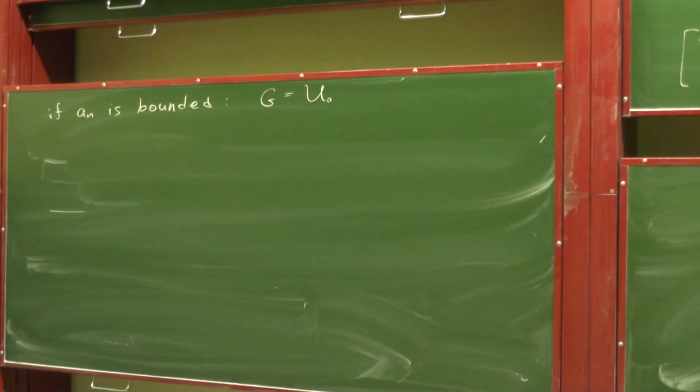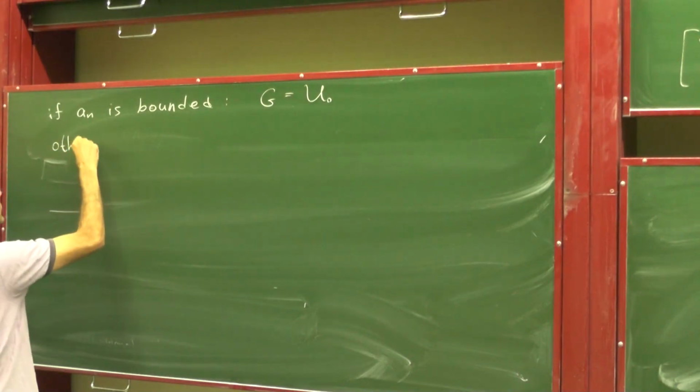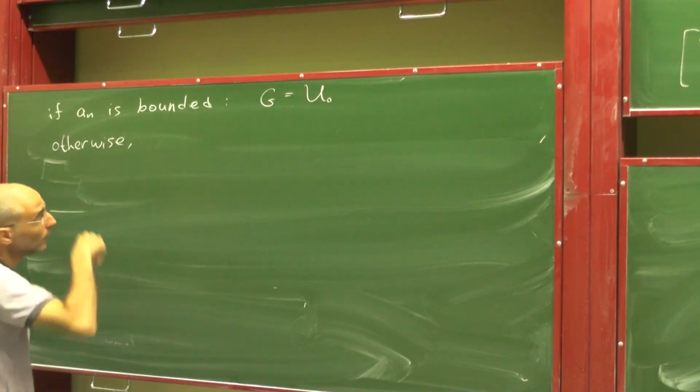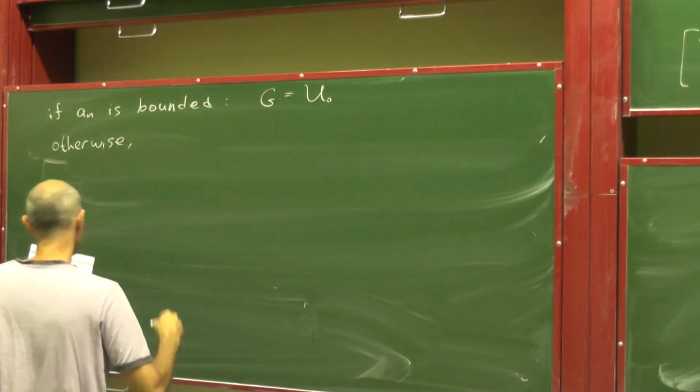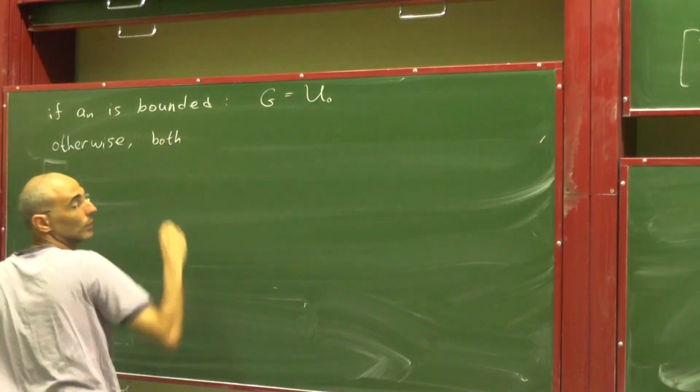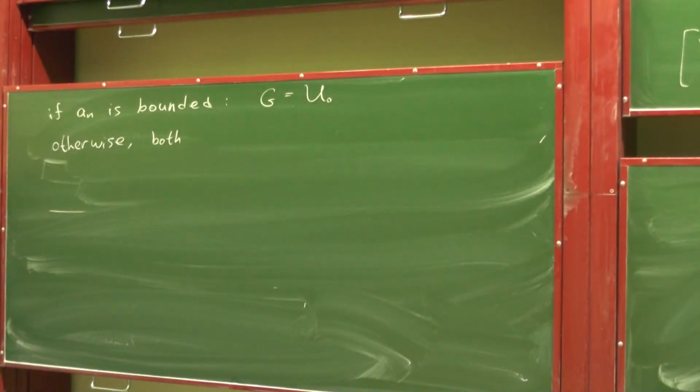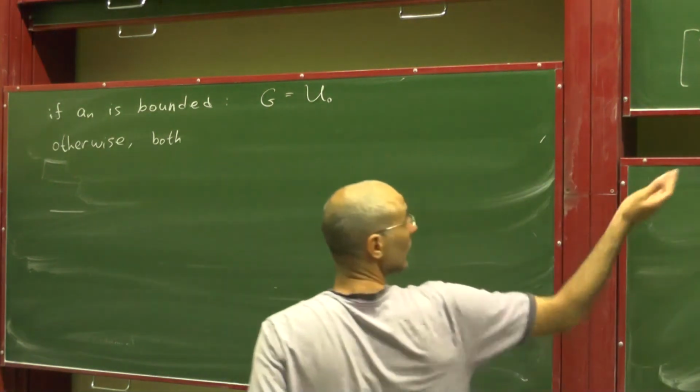It will be U_0 itself, right? There is no dynamics. So if a_n is bounded, all E_ij will be in U_0, as you see. Otherwise, for at least one E_ij, it will go to infinity or to 0.